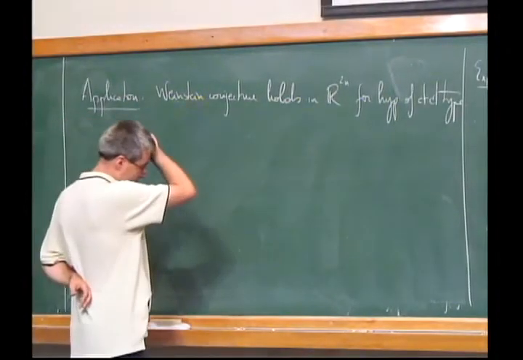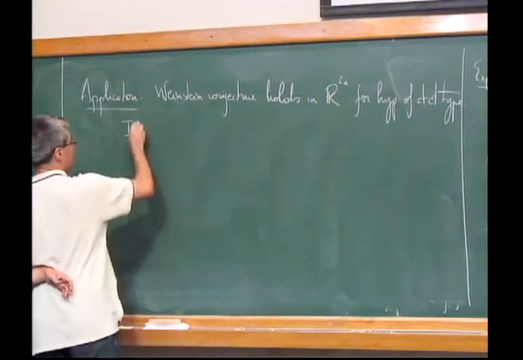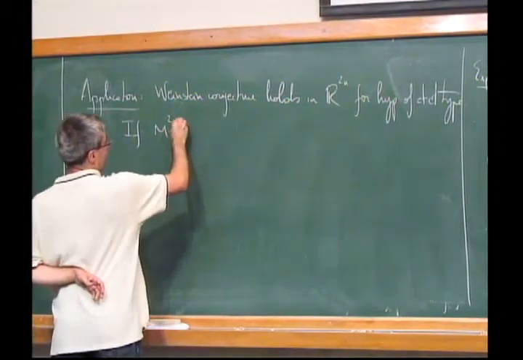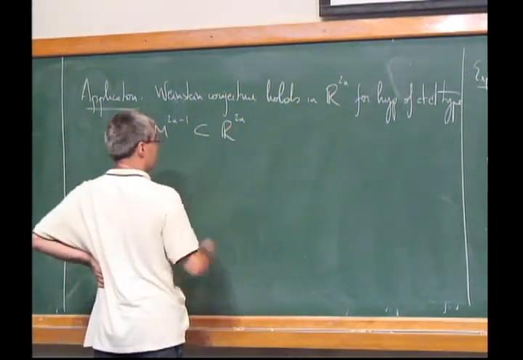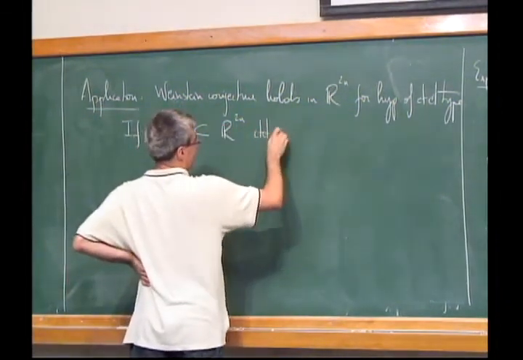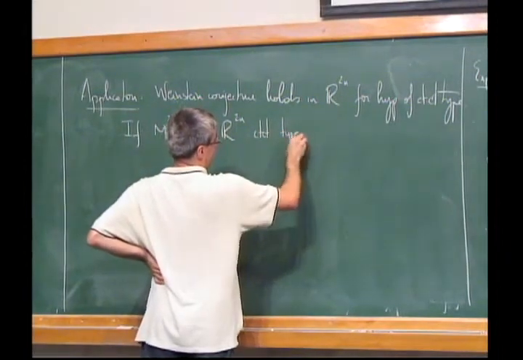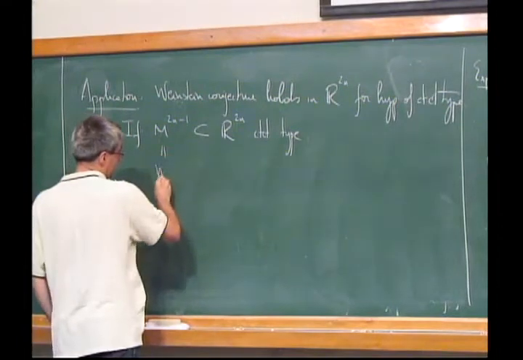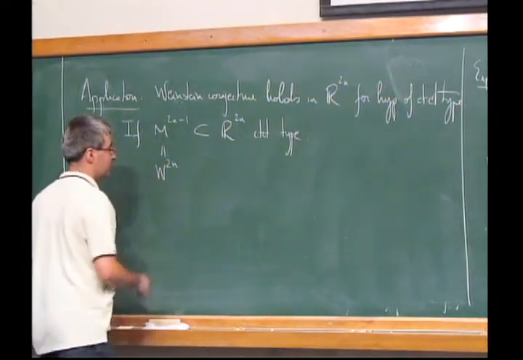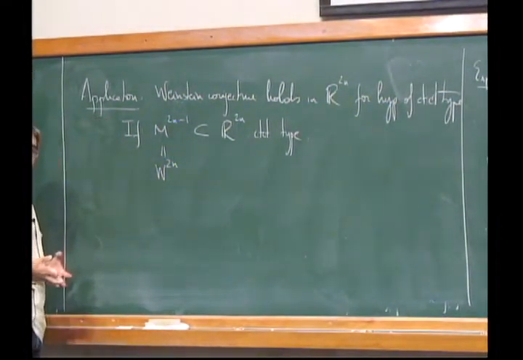It's because if M in R to n is such a hypersurface of contact type, this is necessarily going to be separating, so there's going to be some domain W that it bounds.